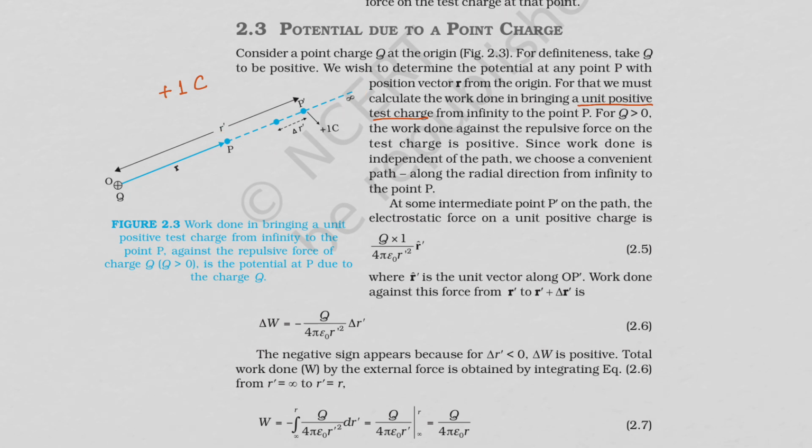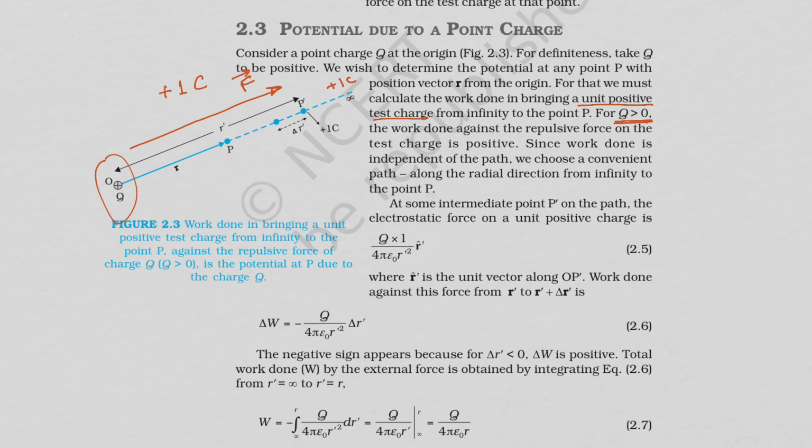Then we also have to establish that the point charge Q at the origin is a positive charge, so capital Q is greater than 0. So it will exert a force on the test charge, which is at +1 coulomb at infinity.